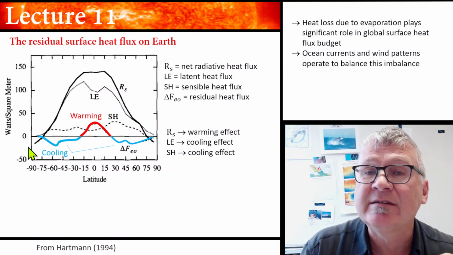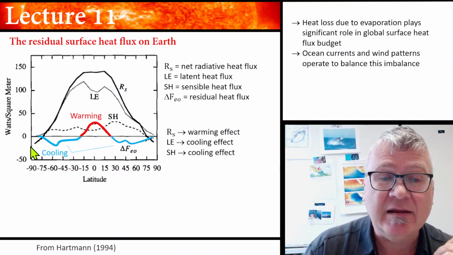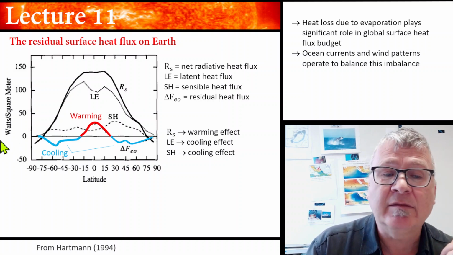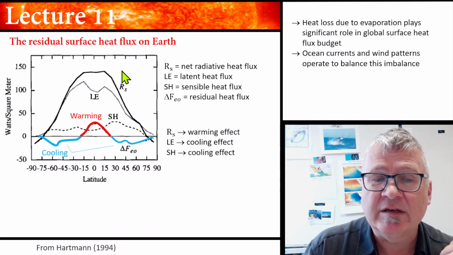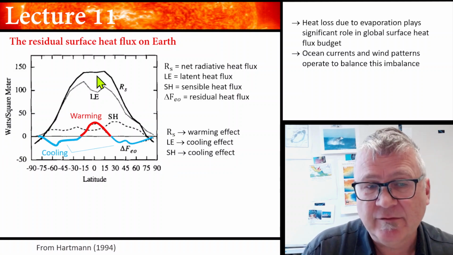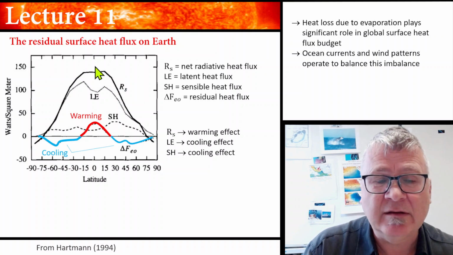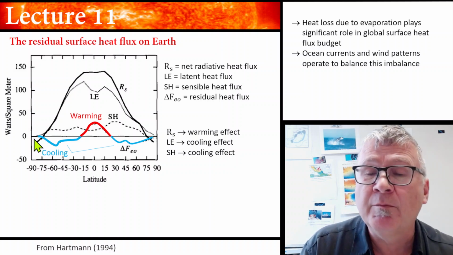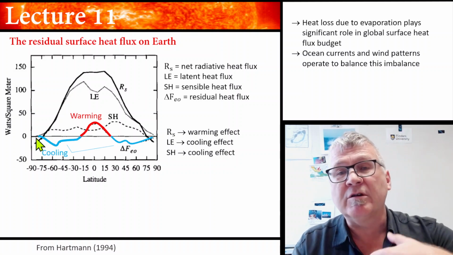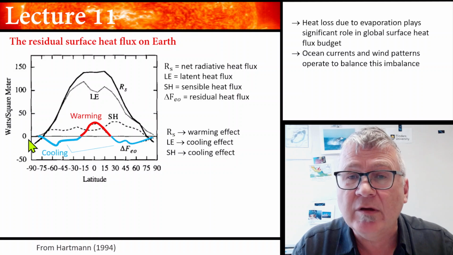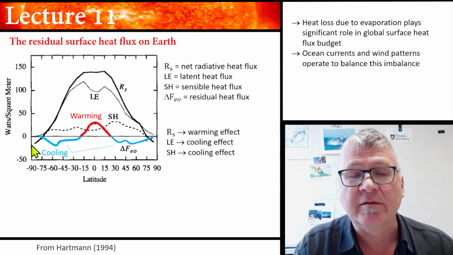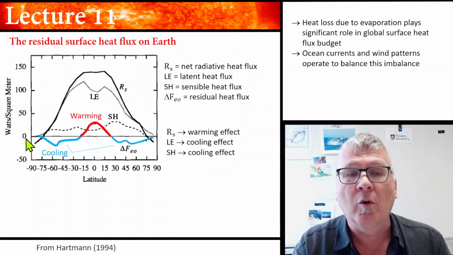RS is the radiation balance that you get, which has a big positive near the equator, and becomes actually very small near the poles, and that's because of the albedo effect. You have white surfaces, ice, and lots of albedo, so you get a very, very small residual heat flux in polar regions.